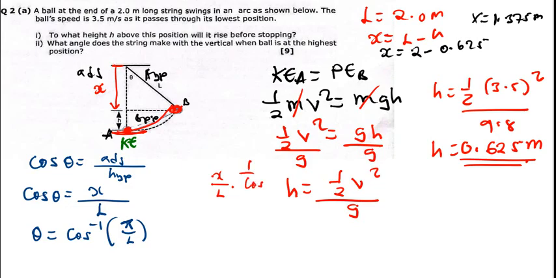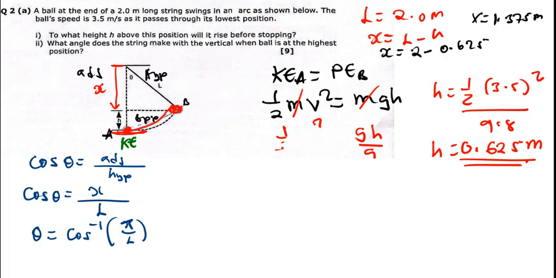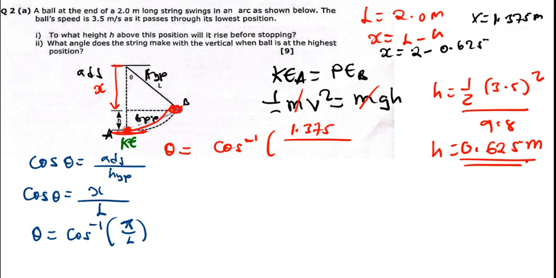So 1 over cos is the same as cos inverse. That's why I've put cos inverse here, in case you don't know. Now at this point, I can plug in the values. So theta will be equal to cos inverse, my x is 1.375, my L is 2.